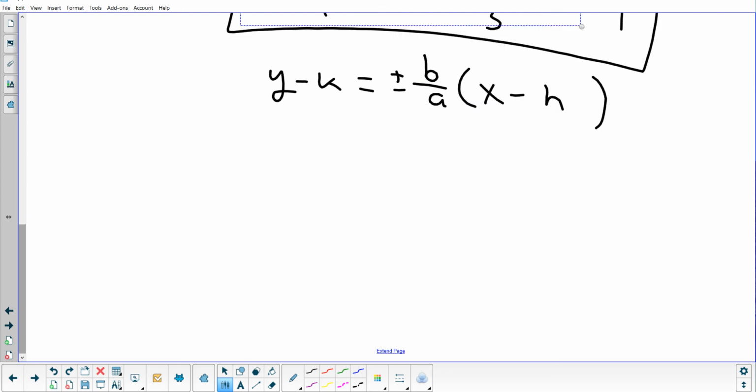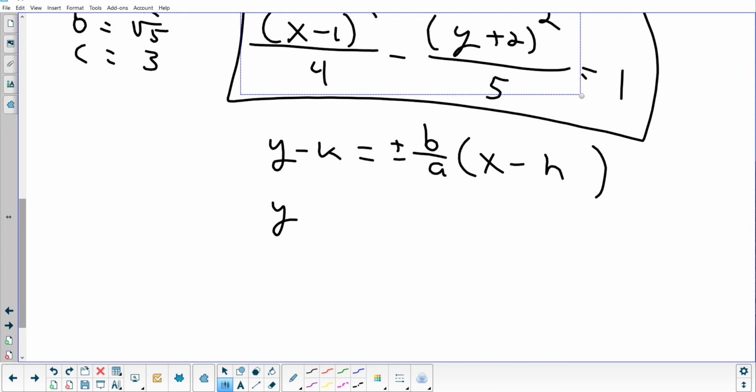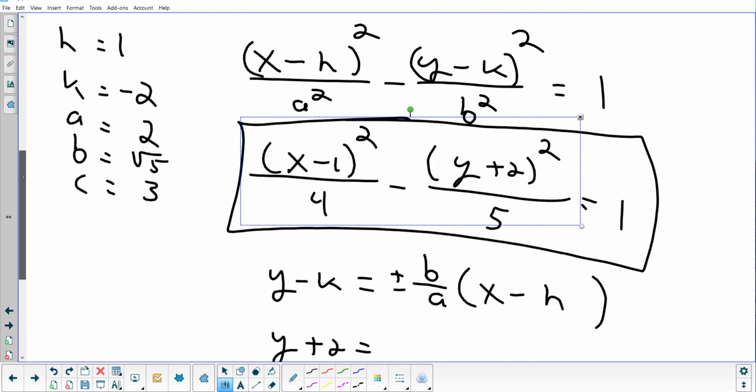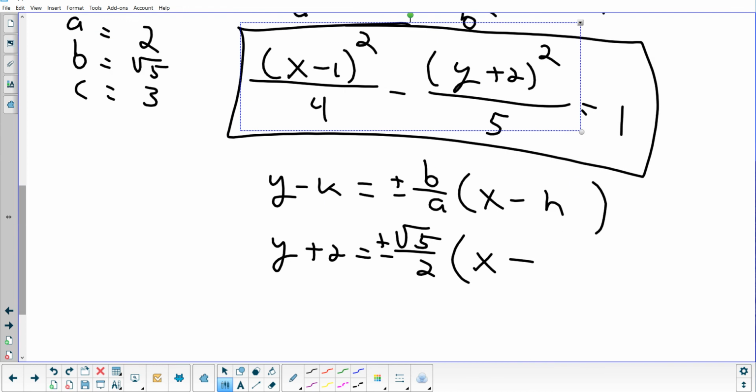Okay, this is point slope. So it's y plus 2 equals root 5 over 2, x minus 1.